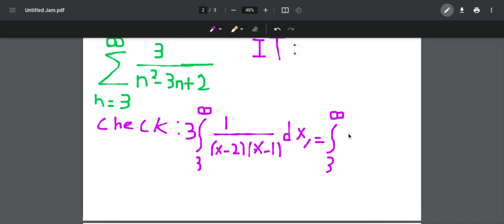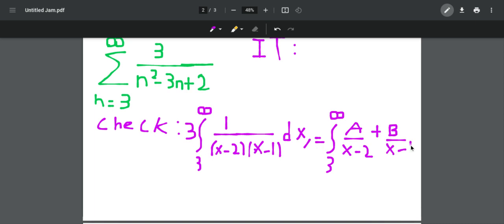For partial fraction decomposition, we can use the cover-up method. So we have A over x minus 2 plus some constant B over x minus 1. This is always doable for linear factors when you have just x minus 1, where the coefficient of x is 1.